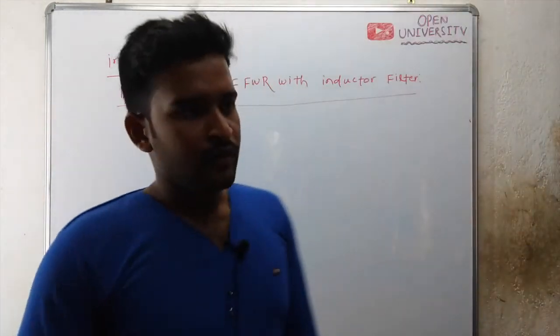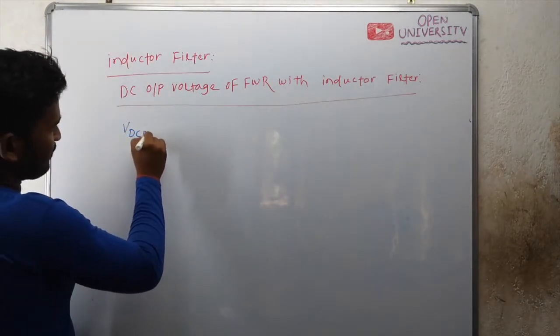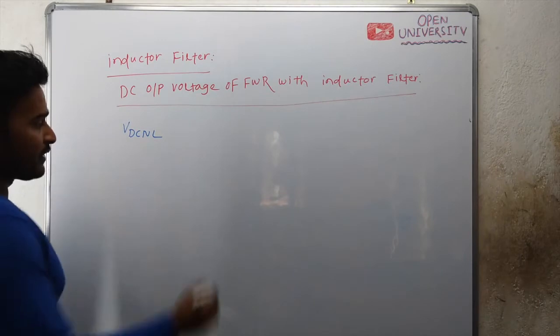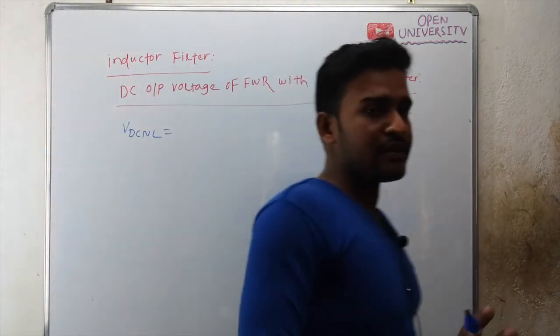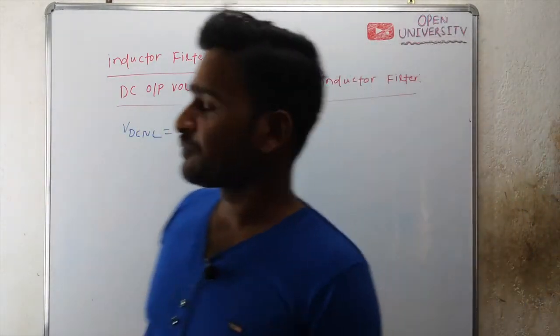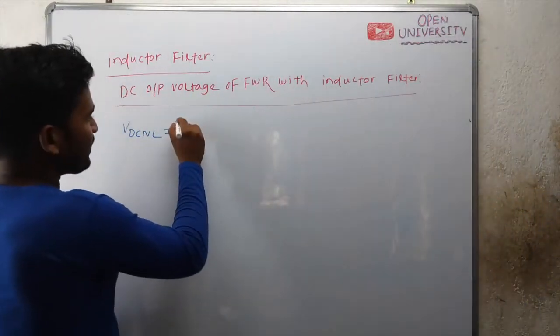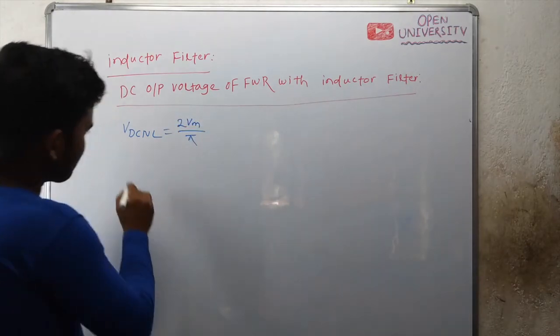Now, what was VDCNL of your center tap full wave rectifier? I'm talking about only the center tap full wave rectifier. What is the VDCNL value? It was 2 Vm by pi. And what was VDCFL?